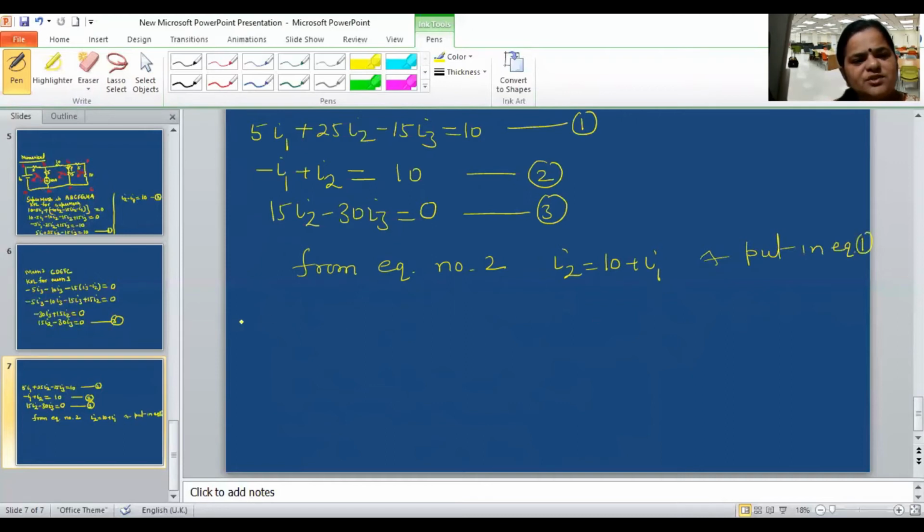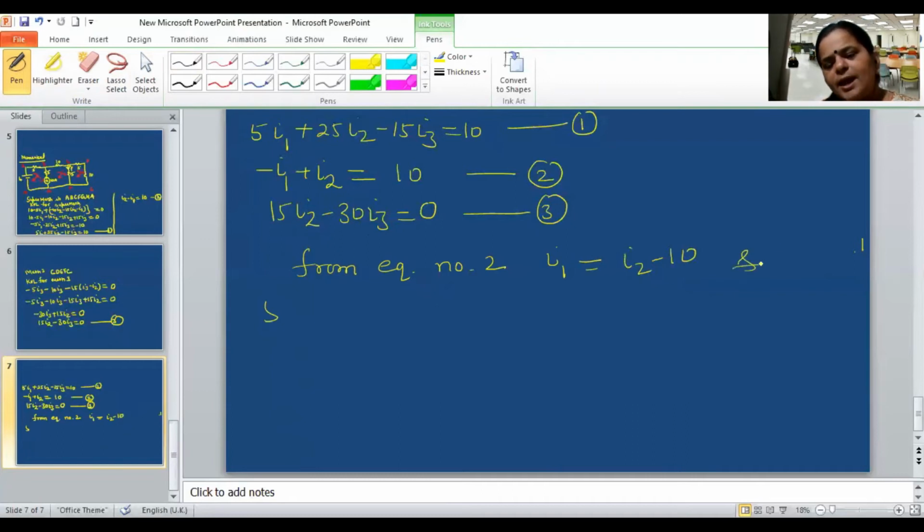So when I put this value in equation 1, from equation number 2, I can write I1 is equal to I2 minus 10 and put it in the equation.